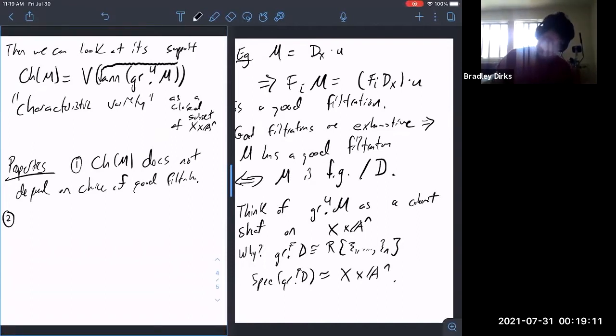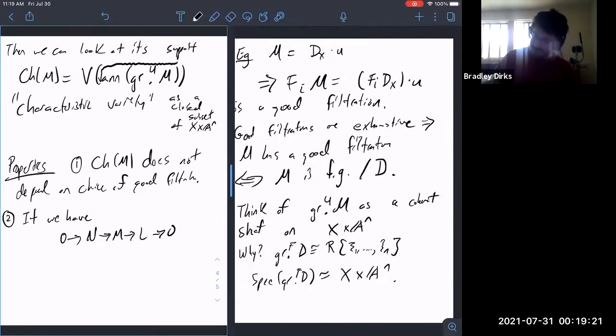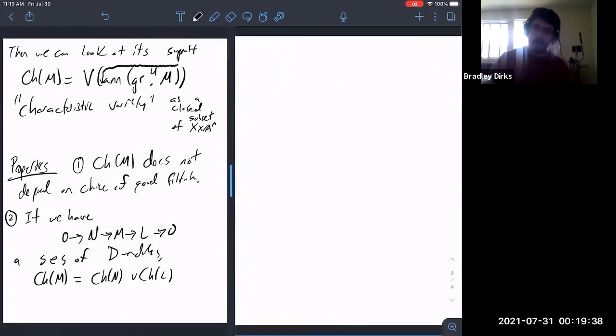And two, if we have a short exact sequence, so 0 goes to N, goes to M, goes to M'' goes to 0. Sorry about that. If this is a short exact sequence of D-modules, then the characteristic variety of M is equal to the union of the characteristic varieties of the other two pieces. And then something else that we're going to need next time, which is going to be pretty important, is this notion of multiplicities.